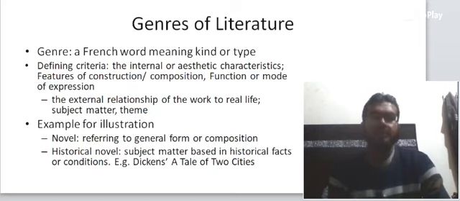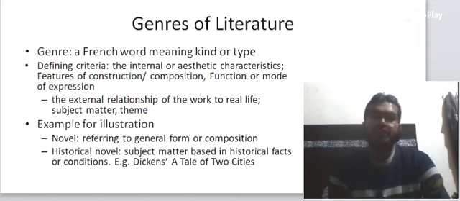Secondly, their features of construction, composition, function or mode of expression are also helpful to define them.